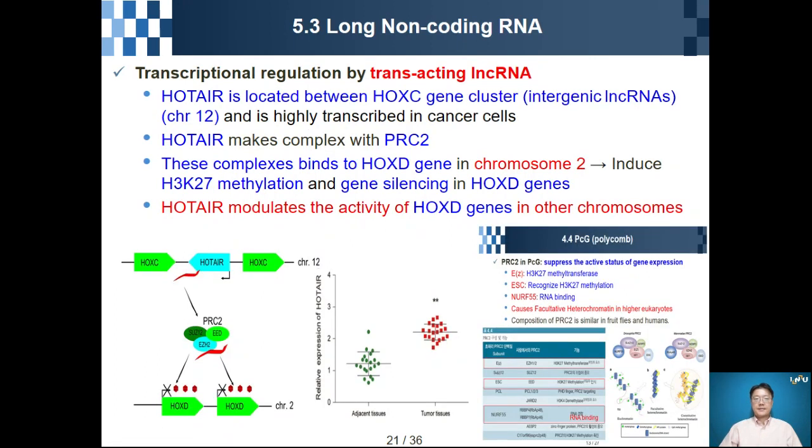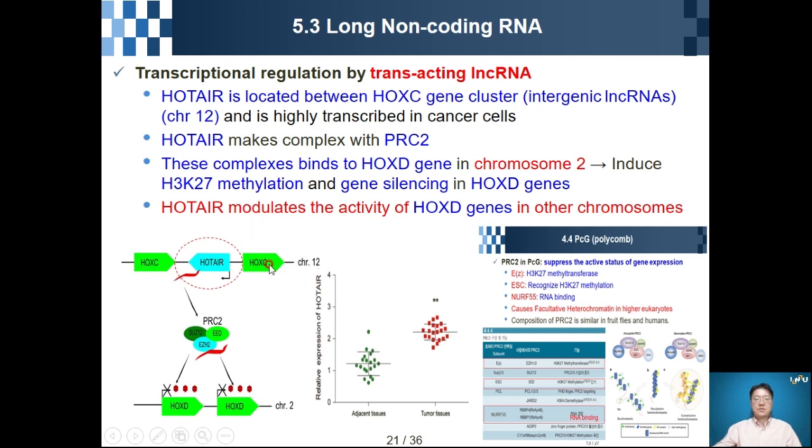In this slide, I will explain the transcriptional regulation by trans-acting long non-coding RNAs. One example is HOTAIR. This long non-coding RNA is located in the HOXC gene cluster. This is one HOXC gene, and this is another HOXC gene.